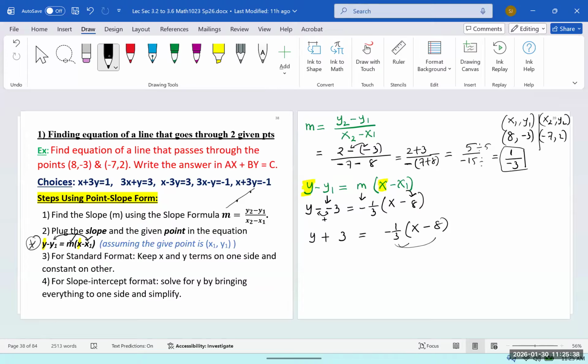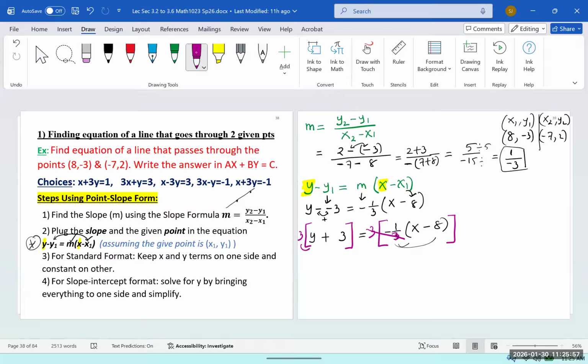Using the same method as before, in order to get rid of this 3 from the denominator, we can multiply both sides by 3. So these 3 cancel out.